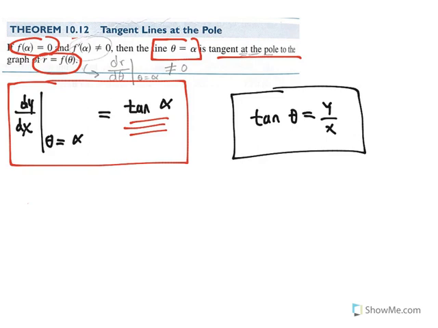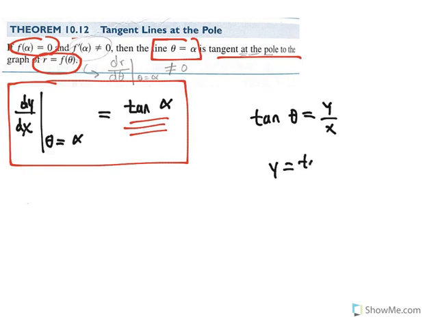This is a conversion equation between polar and rectangular coordinate systems. And you can write y is equal to tangent of theta times x. So whatever this is, it is in fact the slope of the tangent line. I will give you an example to help you understand that.